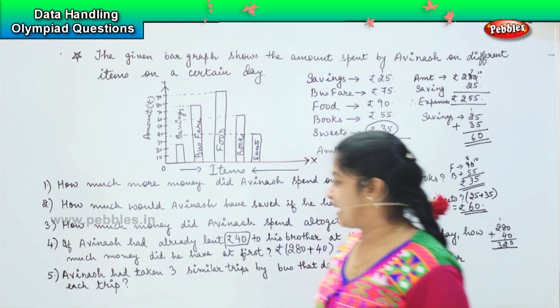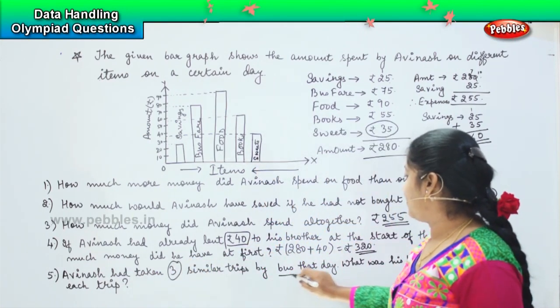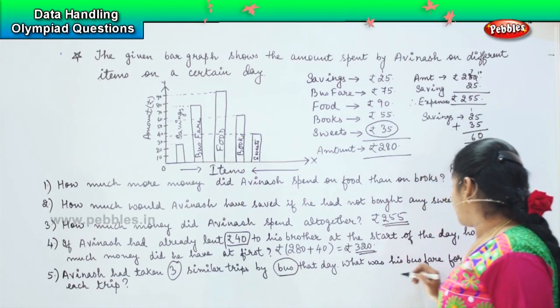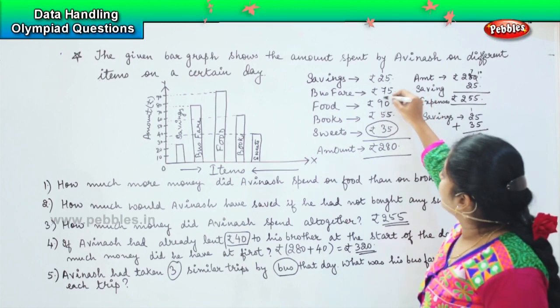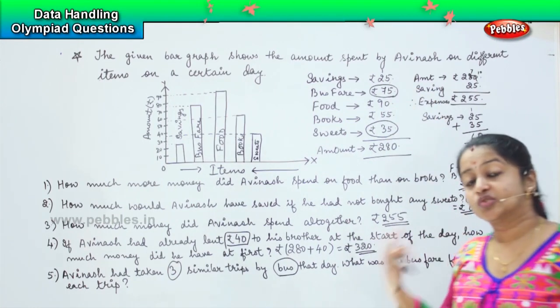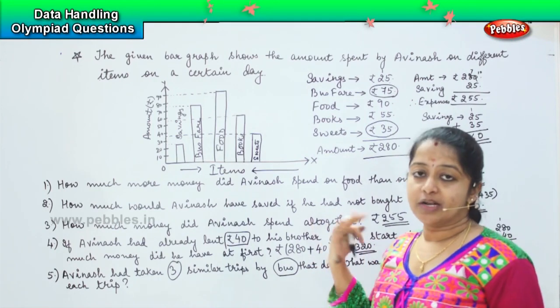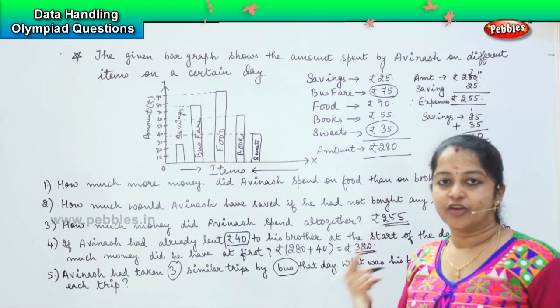The last question says, Avinash had taken 3 similar trips by bus that day. What was his bus fare for each trip? So the total bus fare was 75 rupees, and he had taken 3 trips. So for 3 trips it cost him 75. We need to find the value for each trip.